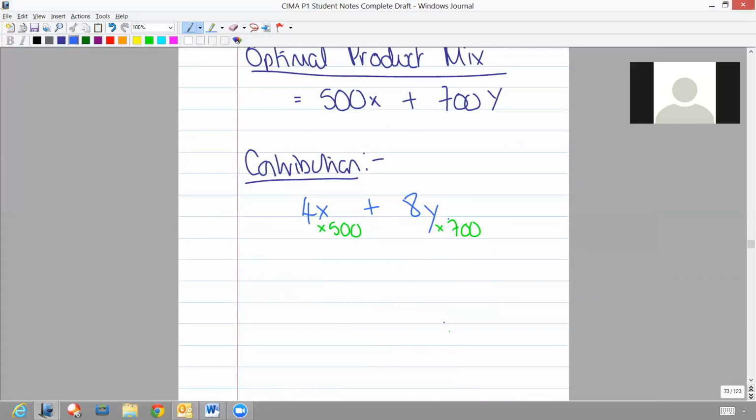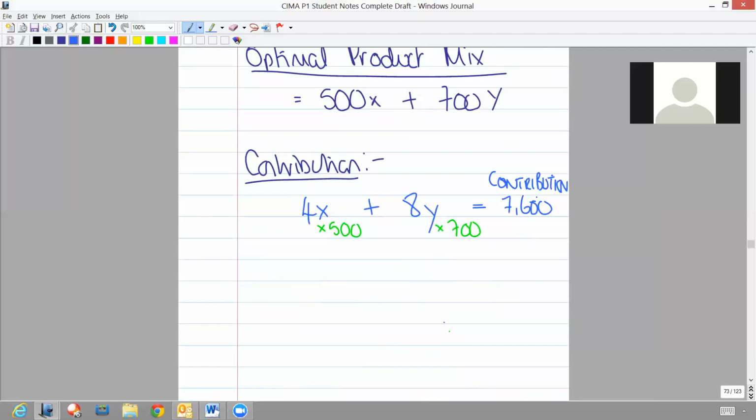Therefore, if you multiply them together and add them across, you will find that you have got an answer of 8 times 700 plus 2,000, 7,600. Okay, this is the maximum contribution that can be earned given the constraints you've got.